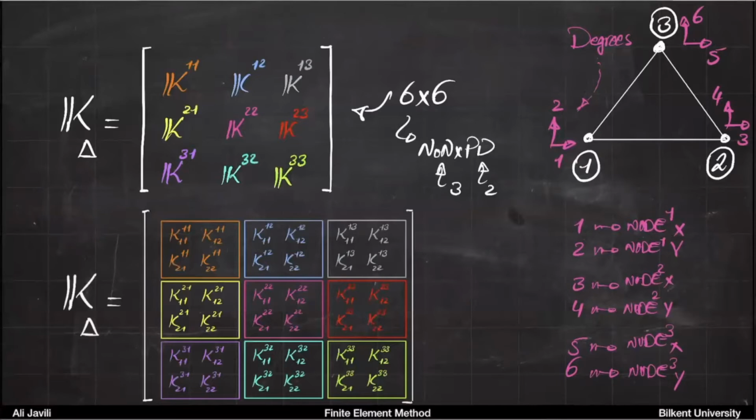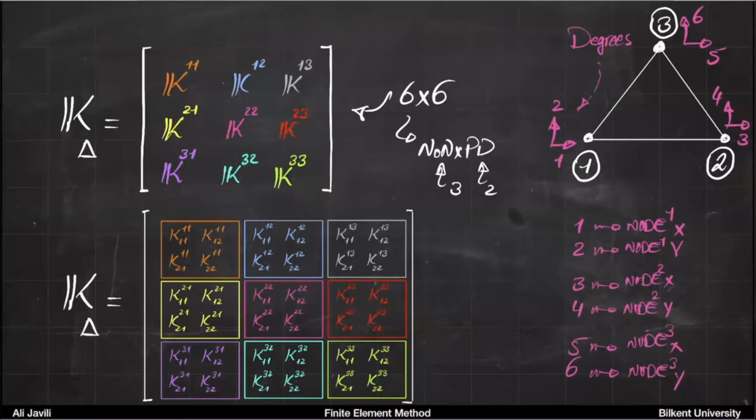In other words, if you do this for each of these, so 1, 1, 1, 2, 1, 3, 2, 1, 2, 2, 2, 3, 3, 1, 3, 2, and 3, 3, you can write each of these boxes, and you can appreciate the colors are corresponding in the 2 pictures. So each of these is now a 2 by 2 box.